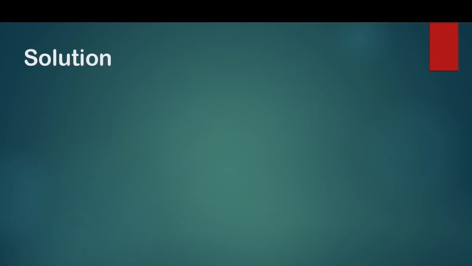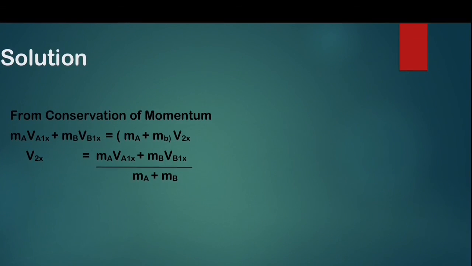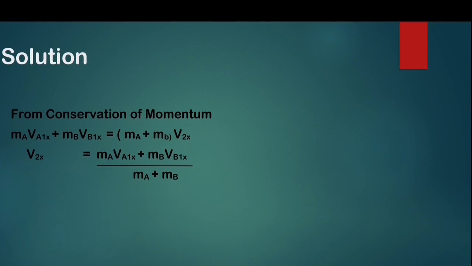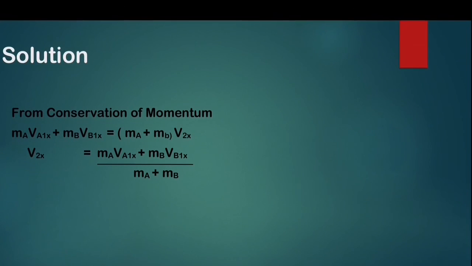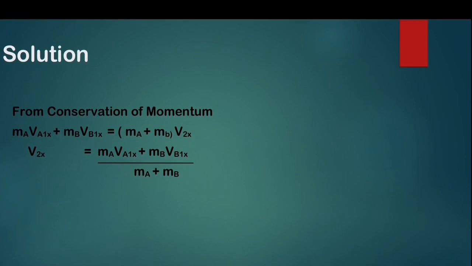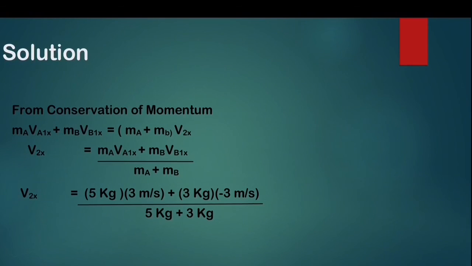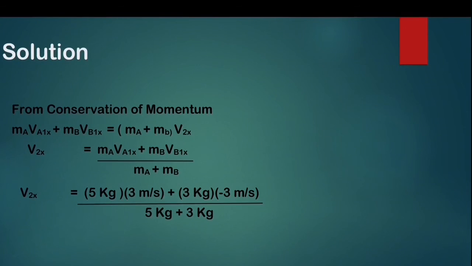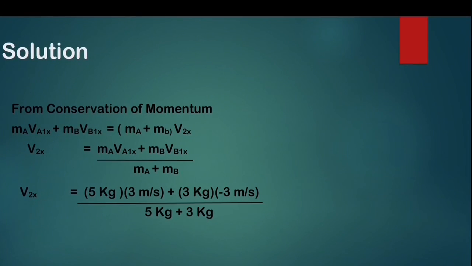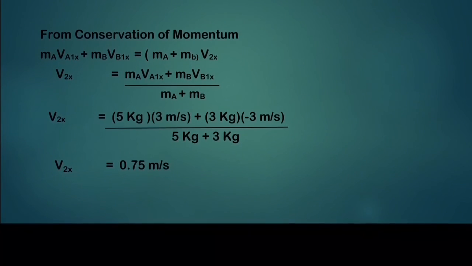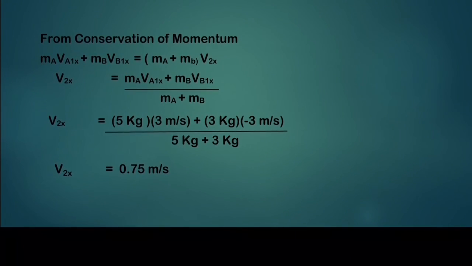So we have the conservation of momentum: mA vA1x plus mB vB1x equal to mA plus mB times v2x, and we want to find v2x. So we do the math, we plug in all the values of the masses and the velocities, and we do the calculation, and finally we get the velocity v2x equal to 0.75 meter per second. Yes, that's it. That is the end of the exercise.